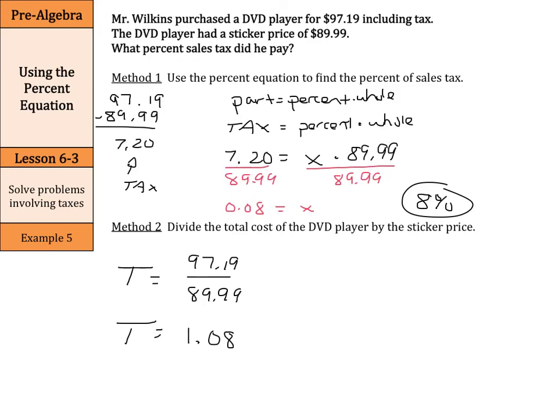Well, this means that the total price was 108% of the $89.99. 100% plus 8% gets us there. The 100% was the DVD player without the tax, so our tax is simply 8%.